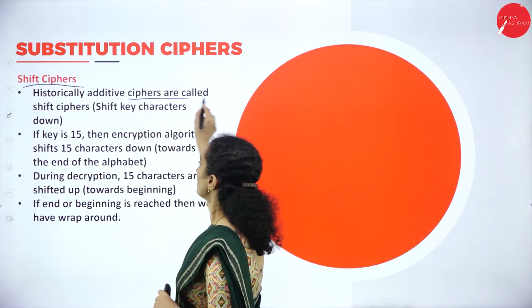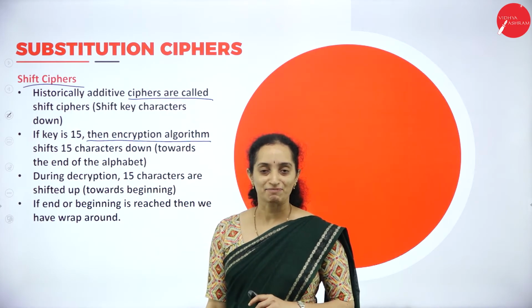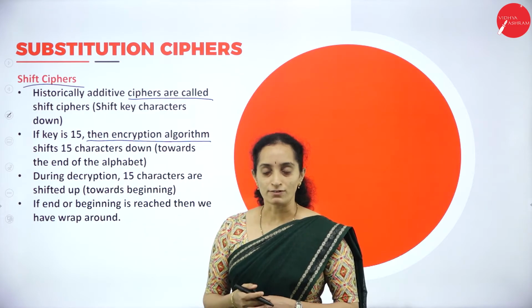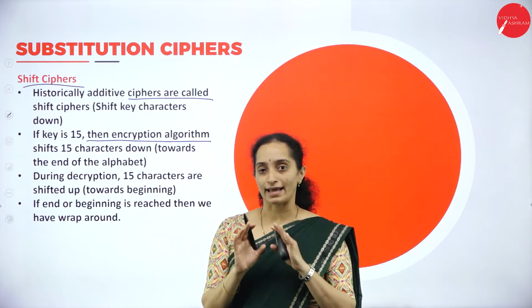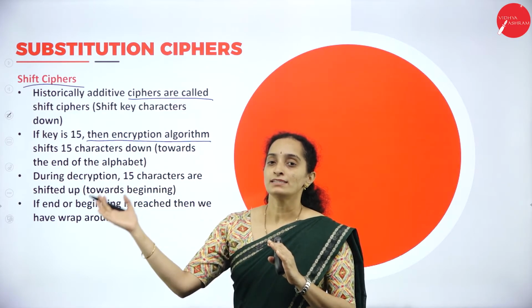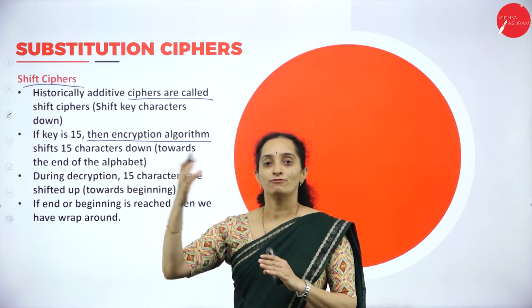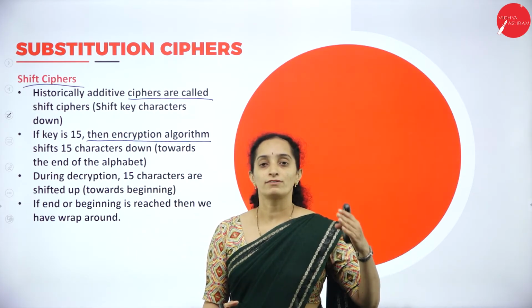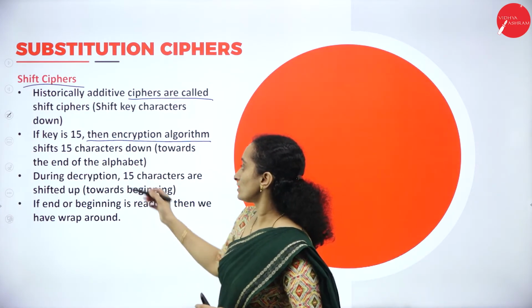It shifts the character, either forward or backward. Like if you are at the character F, you can be shifted 5 letters forward, or 3 letters backward, is it not? You are going to shift.